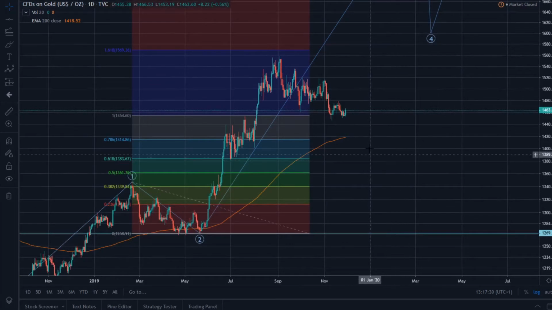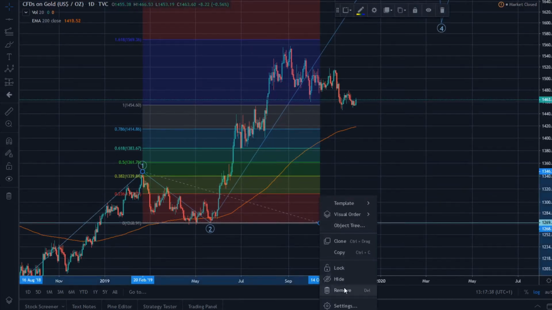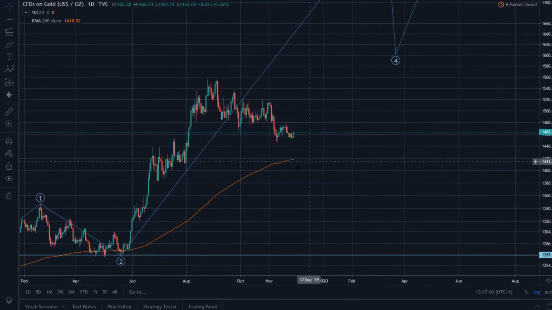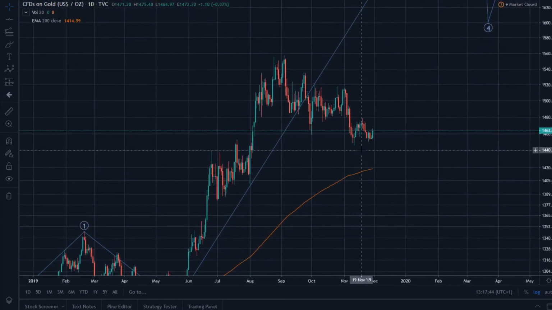So this means that right now we are in this correctional wave, which in my opinion is a wave number 2, and right now we are in wave number Z. And this Z correctional wave started obviously from here.